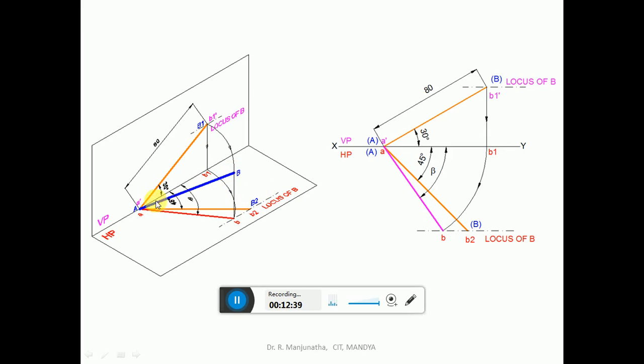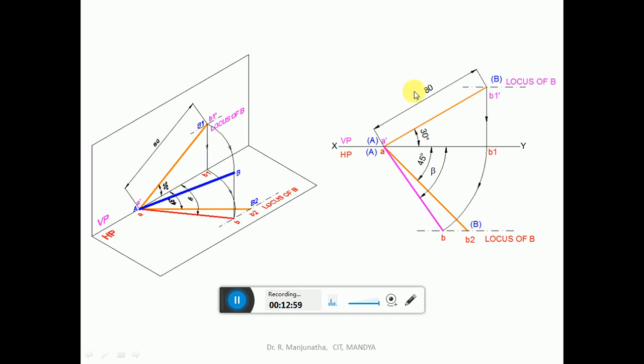So you get AB. The path traced on HP is by rotation of the line AB1 such that B1 cuts the locus of B in the top view. So we are joining A to B. This will be the beta inclination.